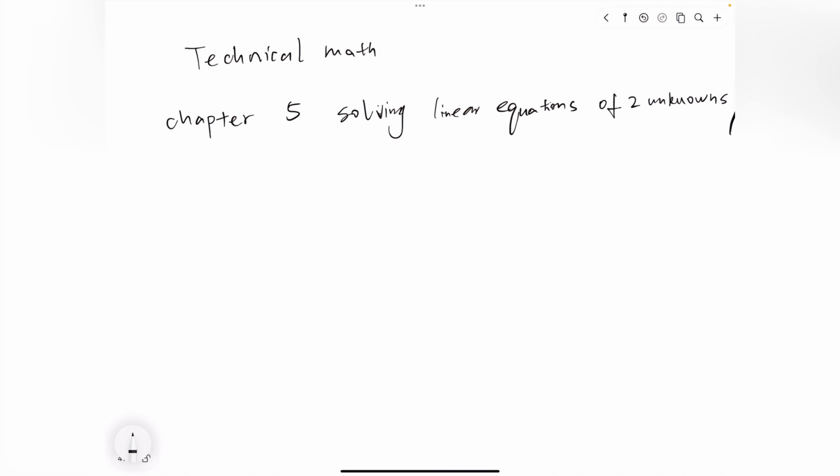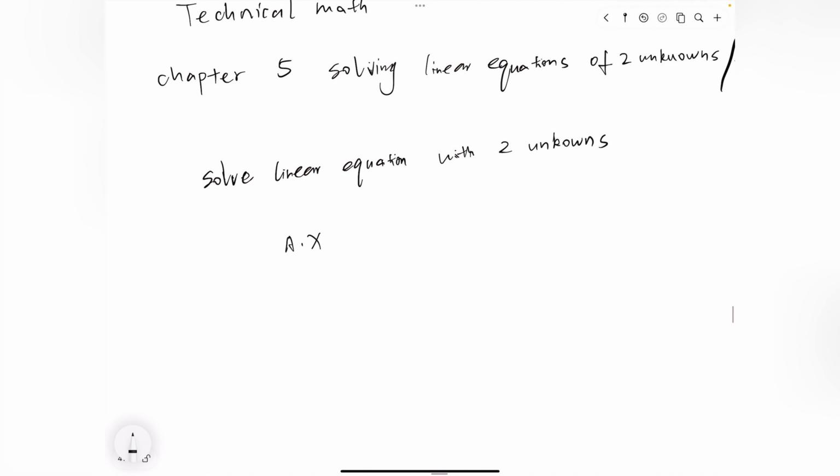Okay, first let's look at how we solve linear equations with two unknowns. So like we have a1x plus b1y plus c1 equals 0, a2x plus b2y plus c2 equals 0.